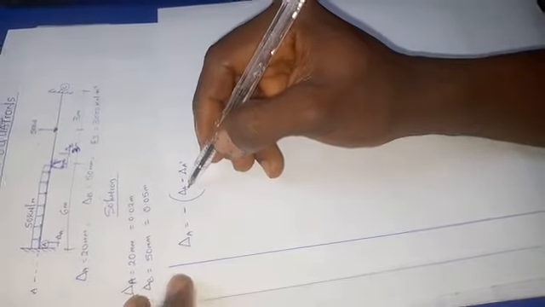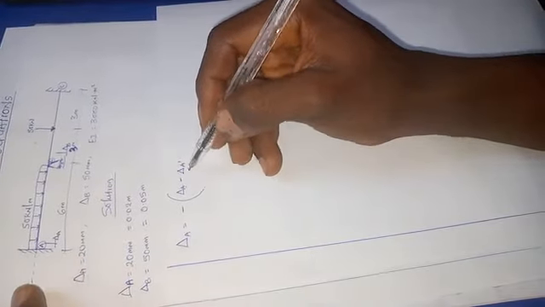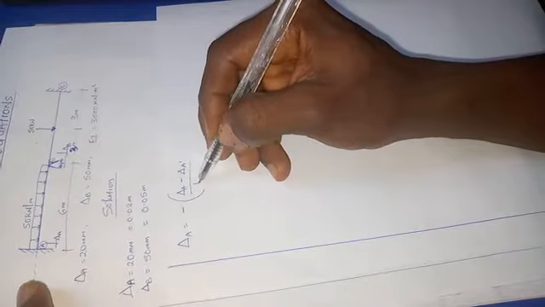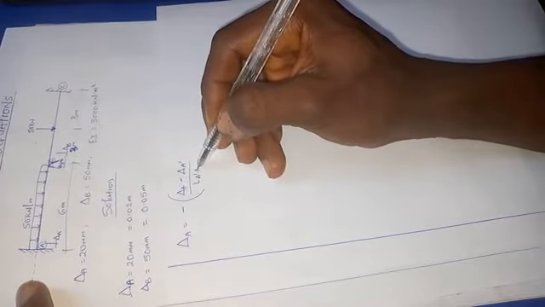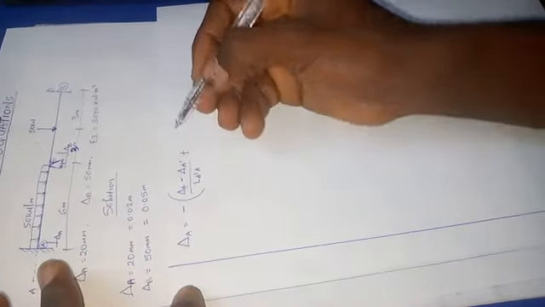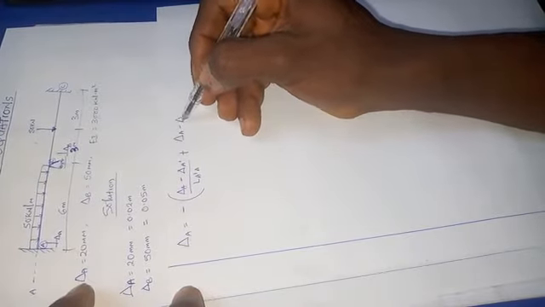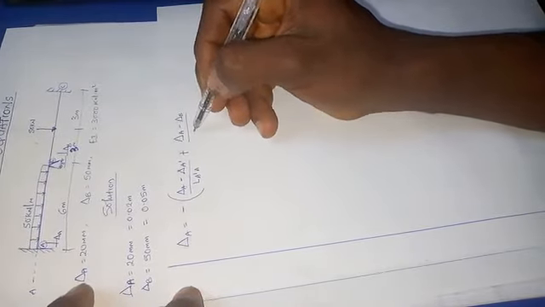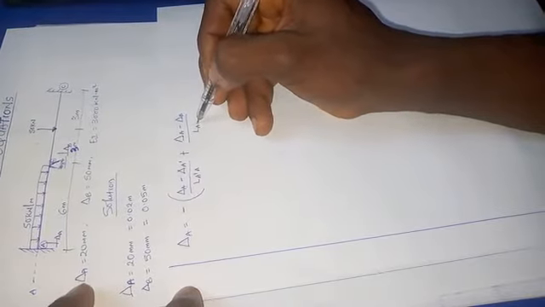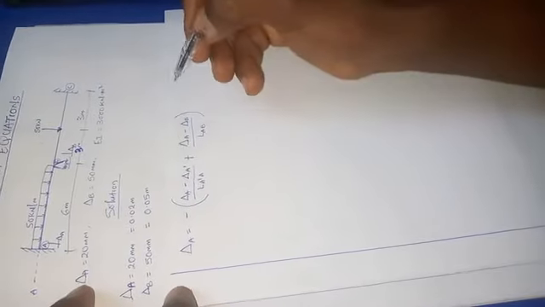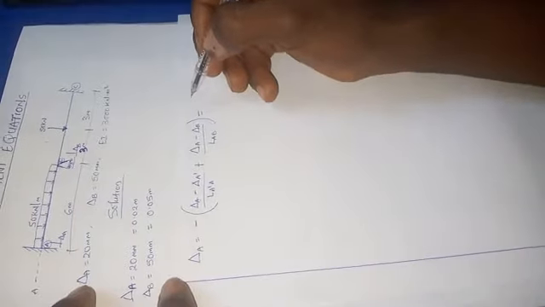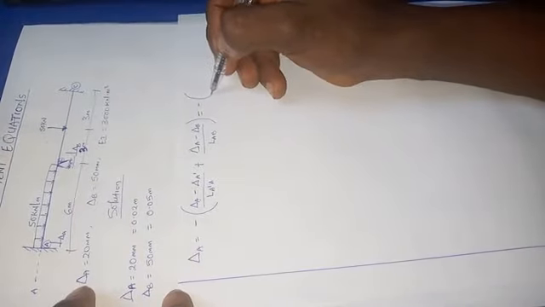So the settlement at A minus the settlement at A prime, all divided by the length of A prime to A, then plus the settlement at A minus the settlement at B, all divided by the length of A to B.